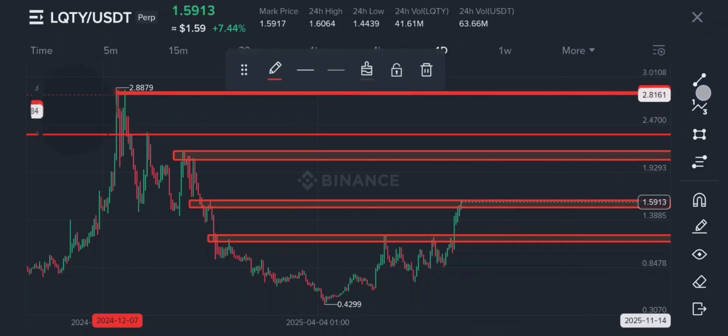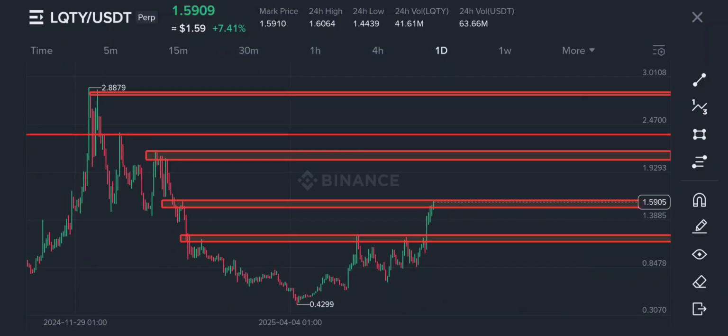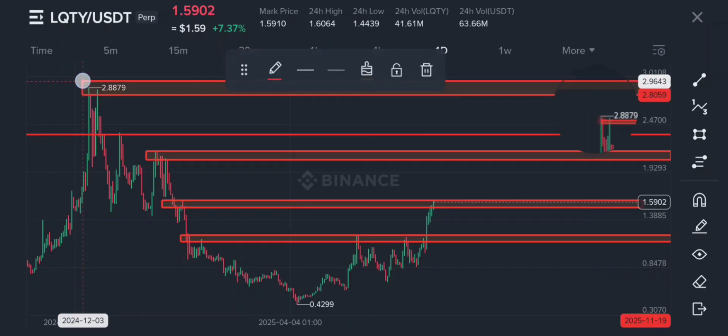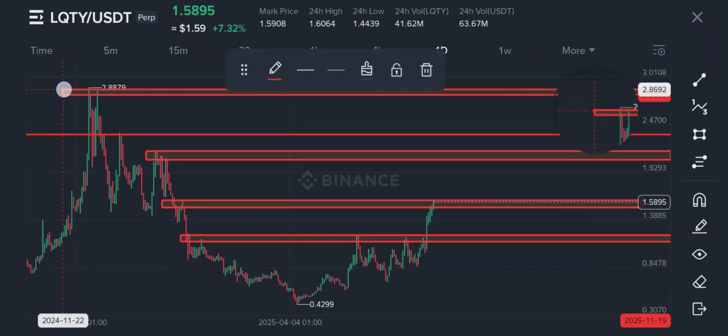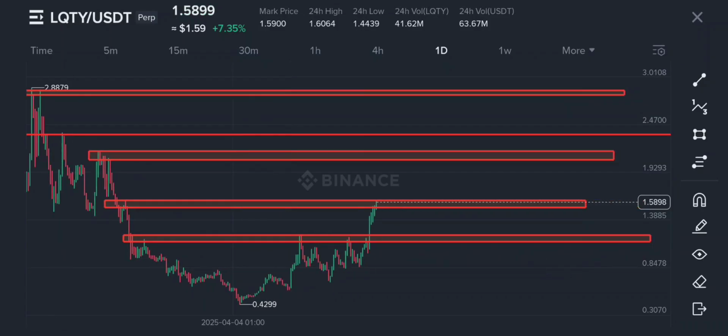This is another area of interest. Sorry, I'm using a phone to demonstrate this. Alright, so now I have marked out all my areas of interest.